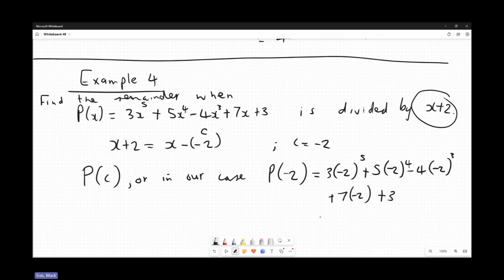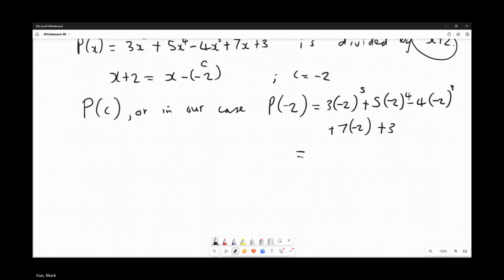Right. Okay, guys, let's see. She said the answer is 5, no? She said the remainder was 5 according to her. Let's see. So this is minus 32, so it's minus 96. And this is 16 times 5 is 80.